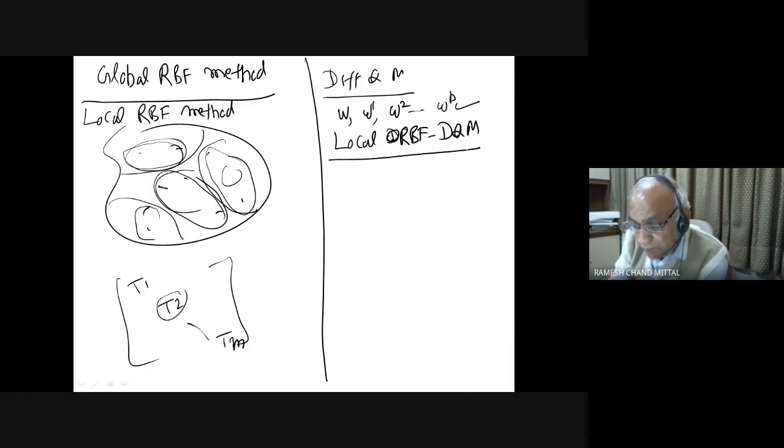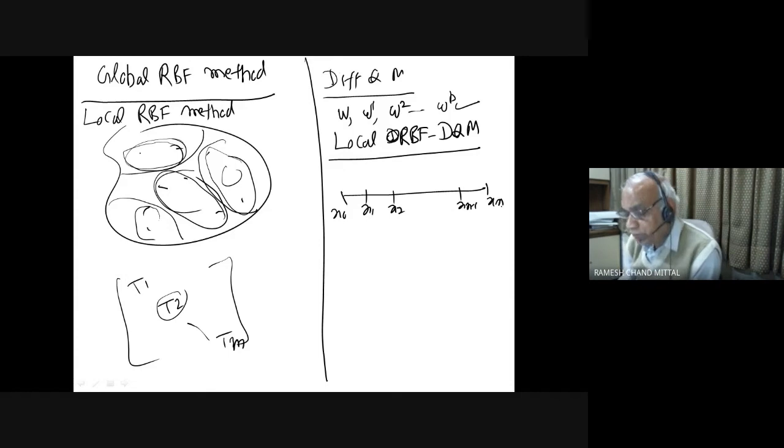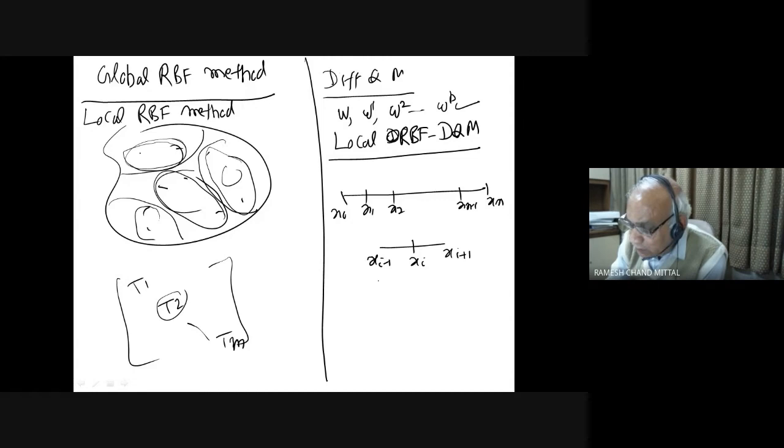When I say local RBF, the meaning is that suppose I want to solve a problem in this domain where I selected points up to xn minus 1, xn, then I take a group of 3 points together, that is xi plus 1 and xi minus 1, and I will try to solve in the interior. My boundary will be taken care of, because in case of DQM we write the solution with the help of the known and the unknown value u.